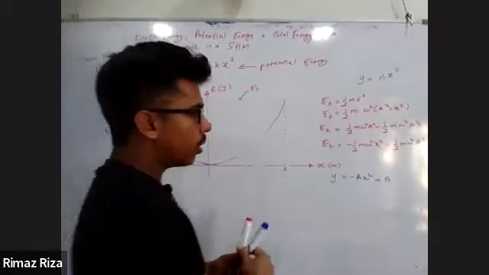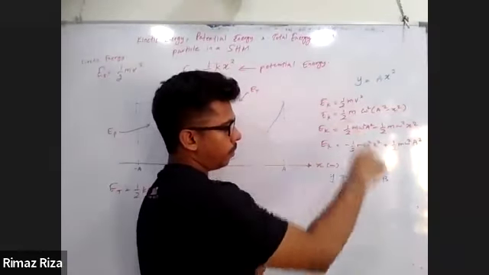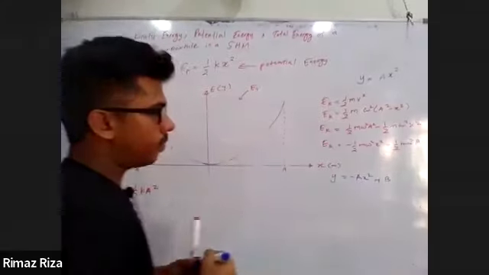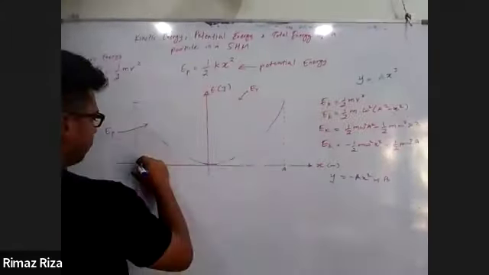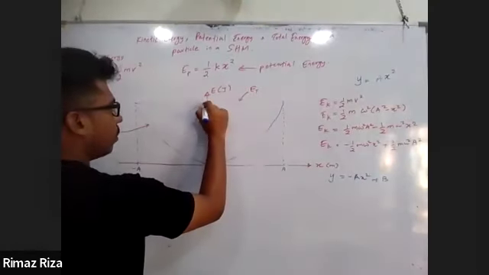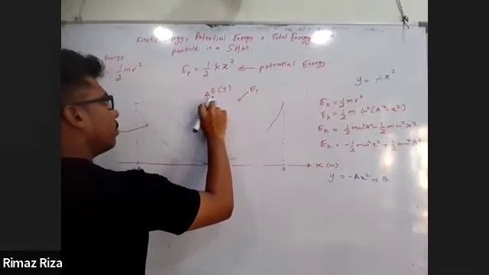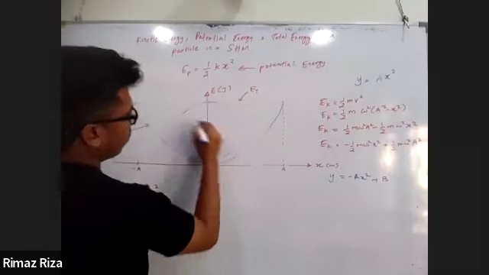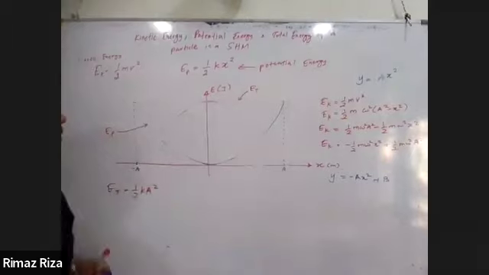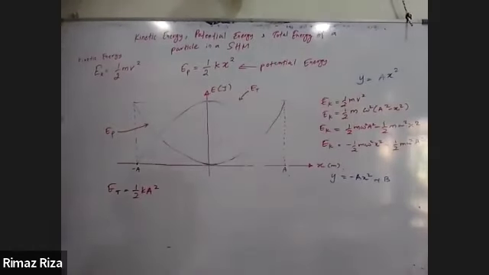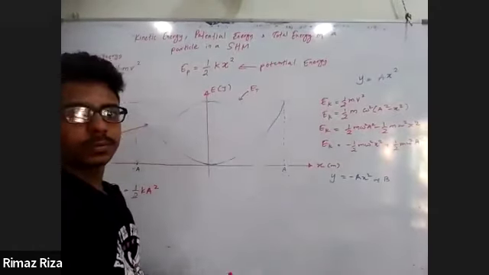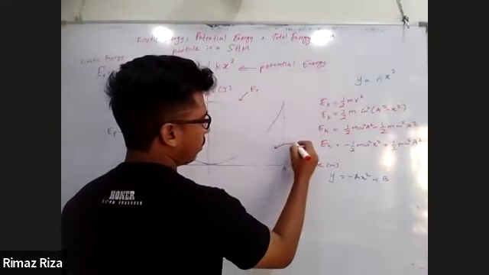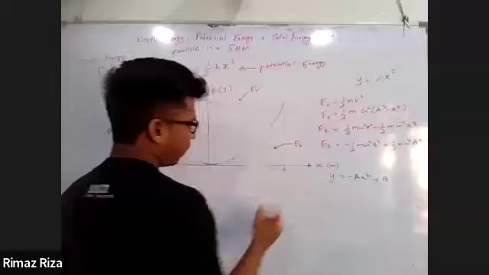So it's a parabolic graph with a maximum, and that maximum value is b. Okay, so it will be like this. This is the graph, and this is kinetic energy E k.